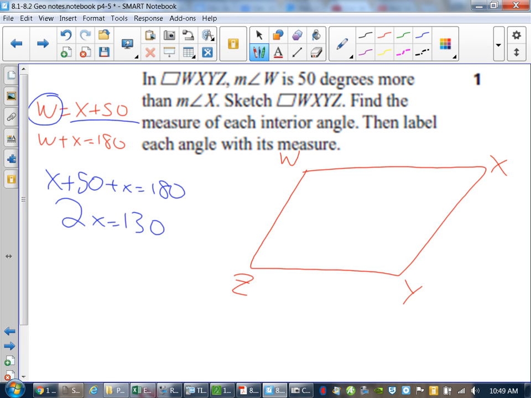And what's half of 130? So if X is 65, W is... very quick two-step equation stuff you guys are going to make yourselves set up here.